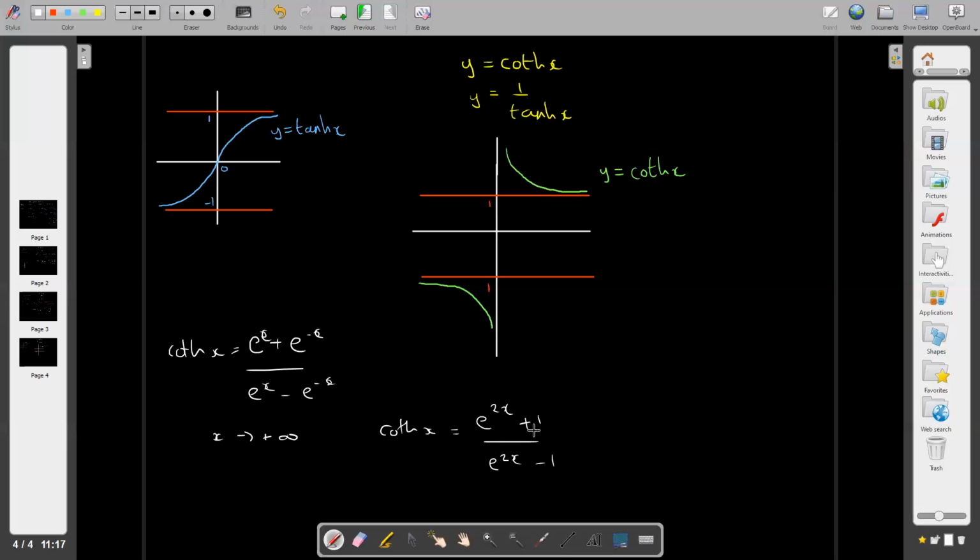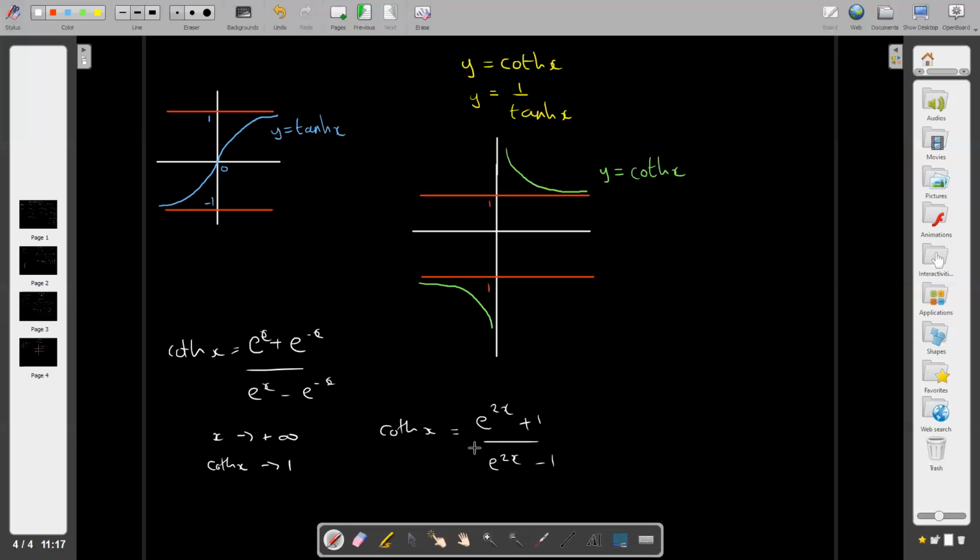So when you divide them, you're going to get an answer close to 1. So as x tends to infinity, coth x will tend to 1. And likewise for the other one, when x tends to negative infinity, these terms here will tend to 0, and so we're left with positive 1 divided by negative 1, and so this becomes negative 1.